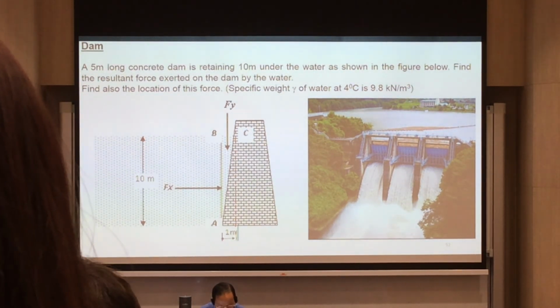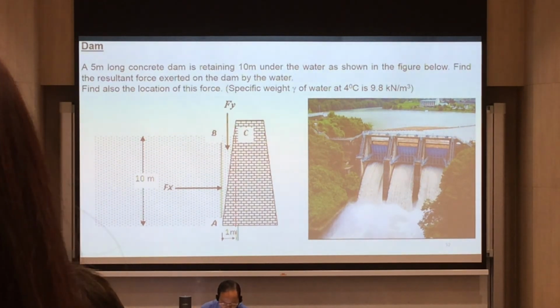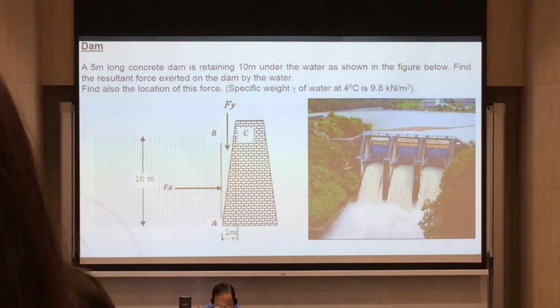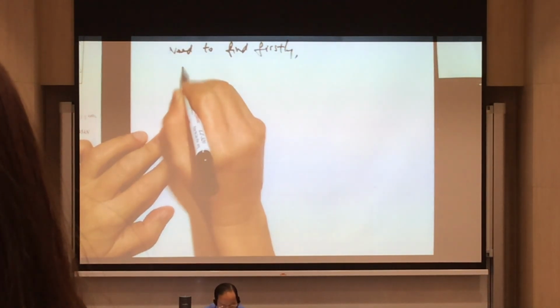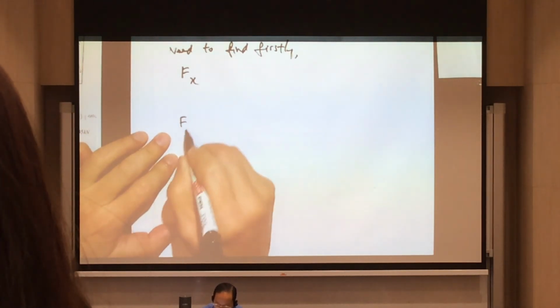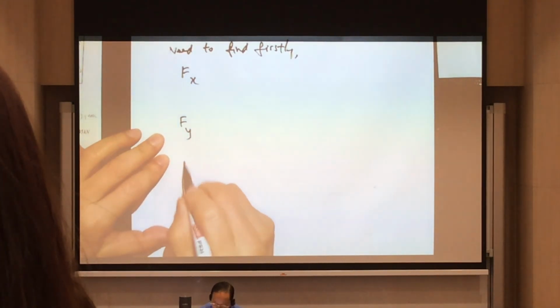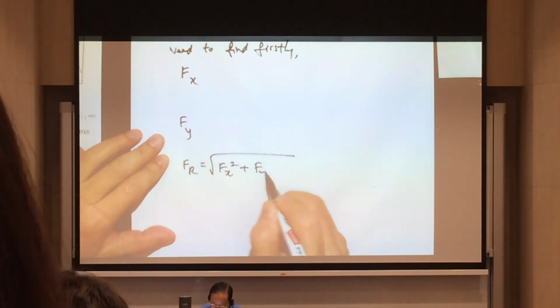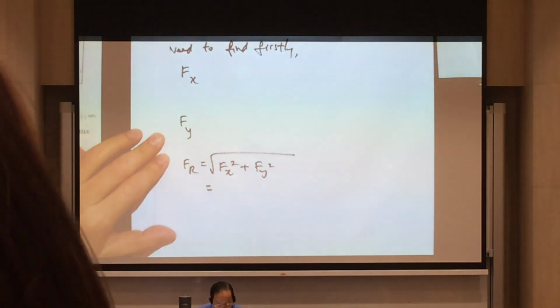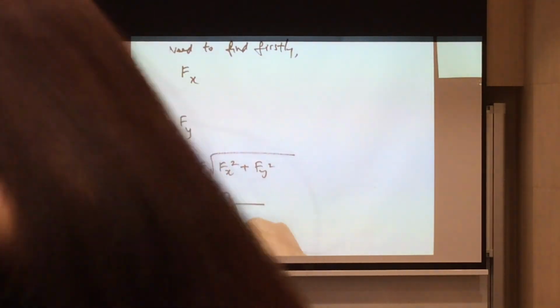To find the resultant force, of course, you need to find Fx first, then you find Fy, then FR is simply the square root of Fx squared plus Fy squared. Now the answer I've got here is, you can check it out, 2463.